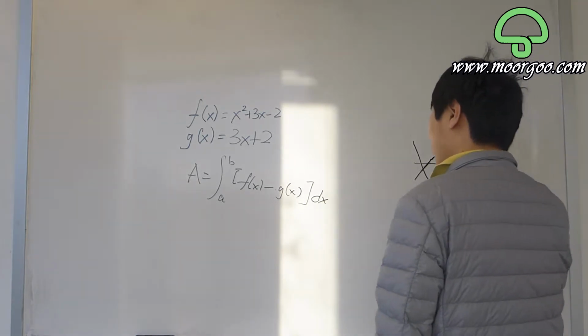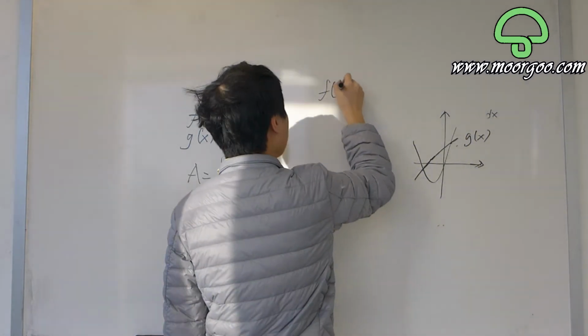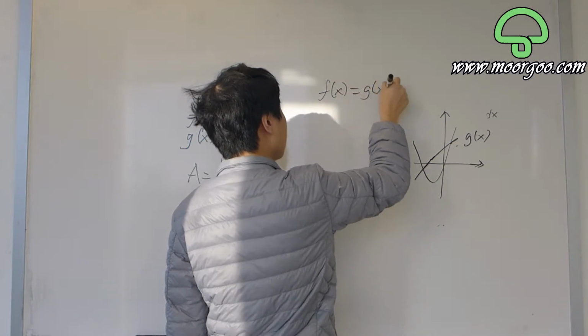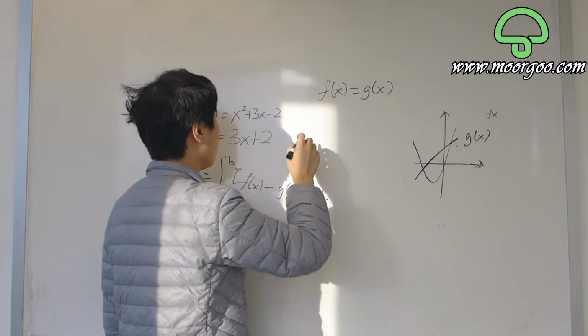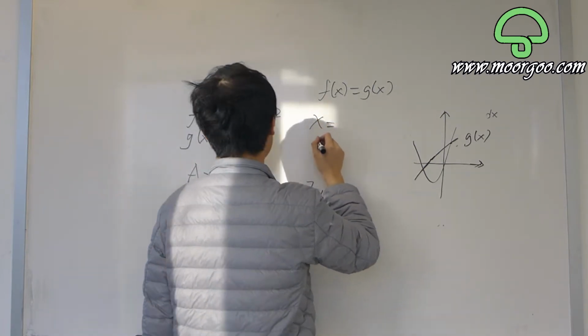And next we need to find the limits, so we set f of x equal to g of x, and you can solve this by yourself, but I'll give out the answers.